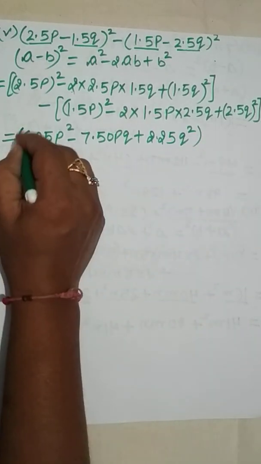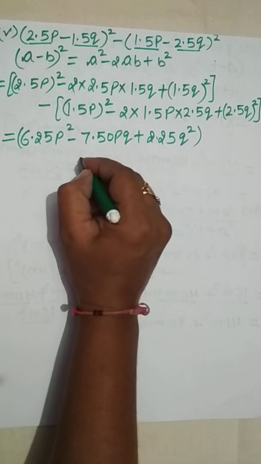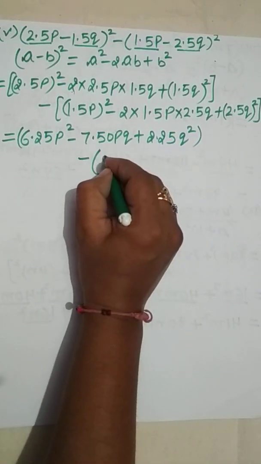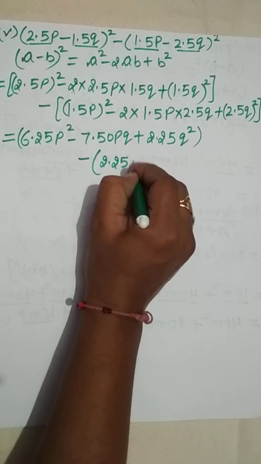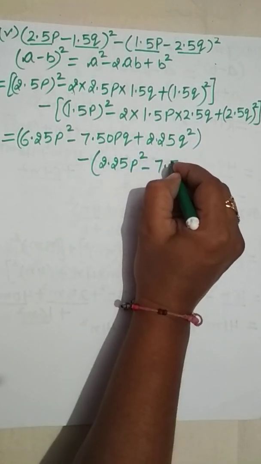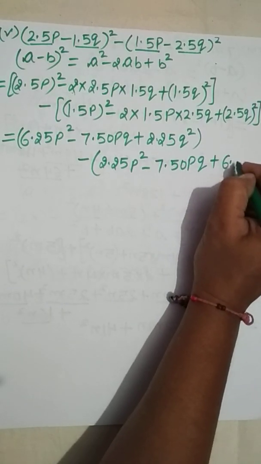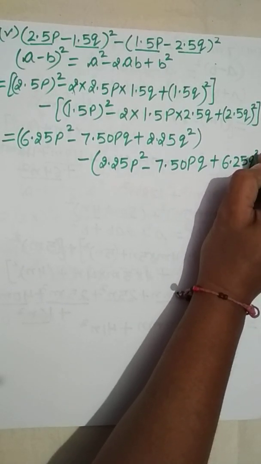Now same simplifications we will do in the second bracket. Minus 2.25 p square minus 7.50 pq plus 6.25 q square.